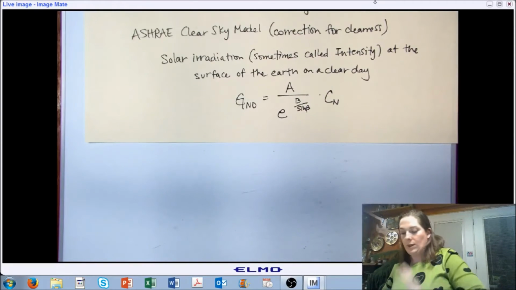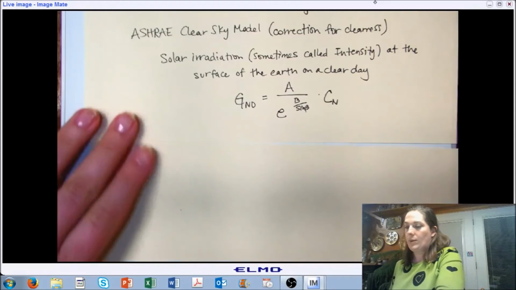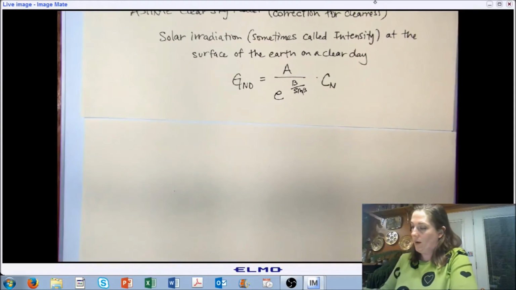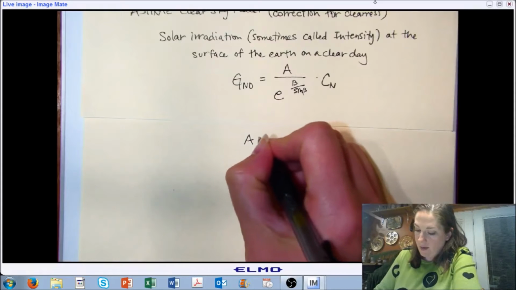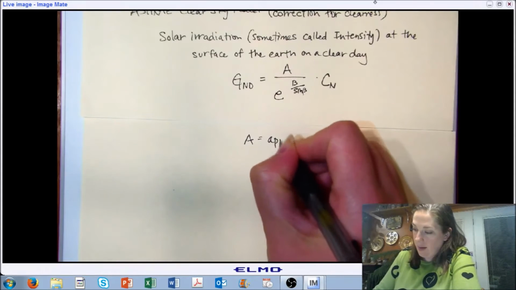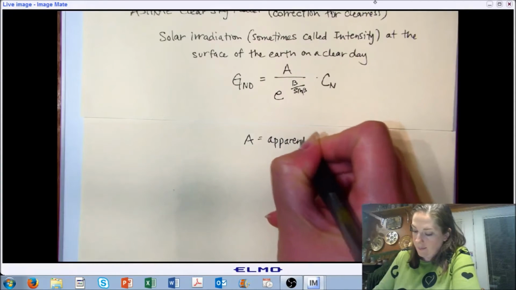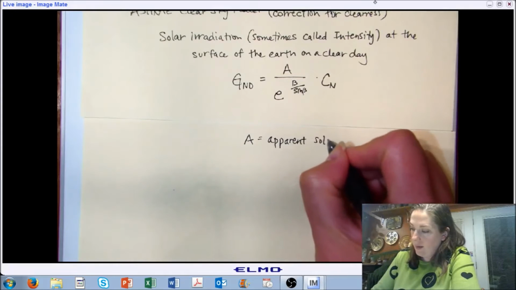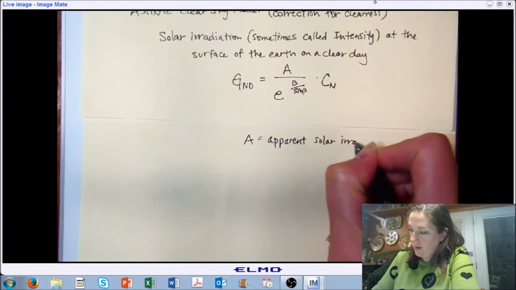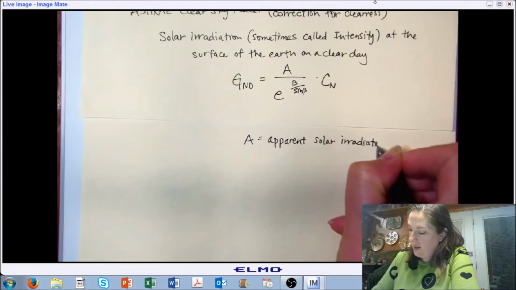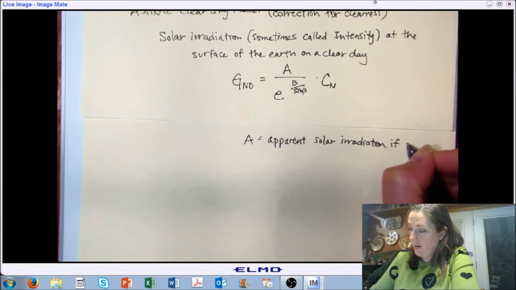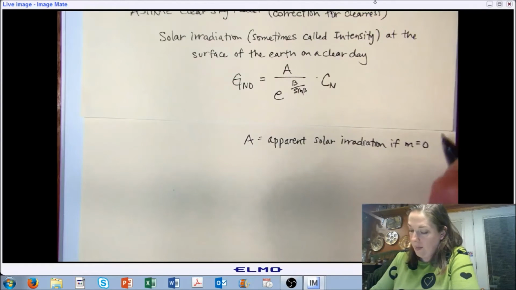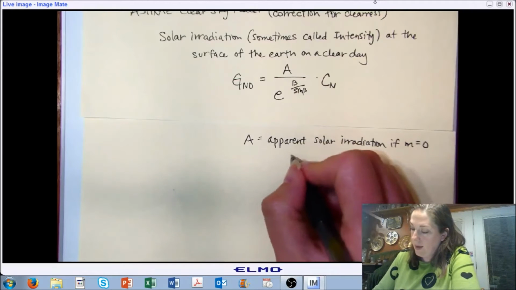So let's look at what each one of these components of this equation are made of. The A is called the apparent solar irradiation if our little m up above is 0.